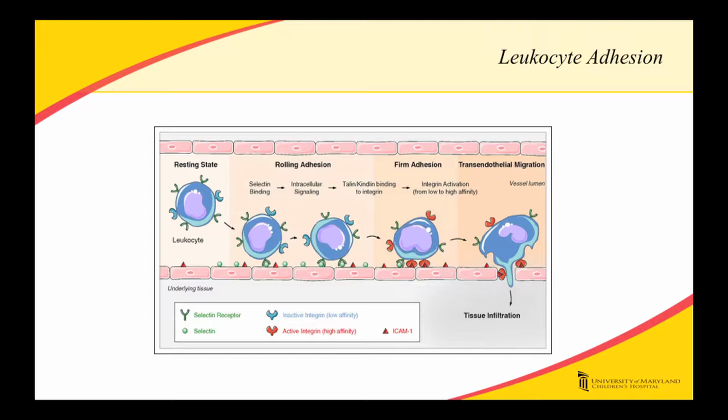Then there's a firm adhesion, and then eventually they go into tissue infiltration to try to help preserve and treat whatever infection you're dealing with. So this is just a diagram of all the complexities that happen with leukocytes, and we know that at every step of the way a newborn is impaired in their ability to do this.